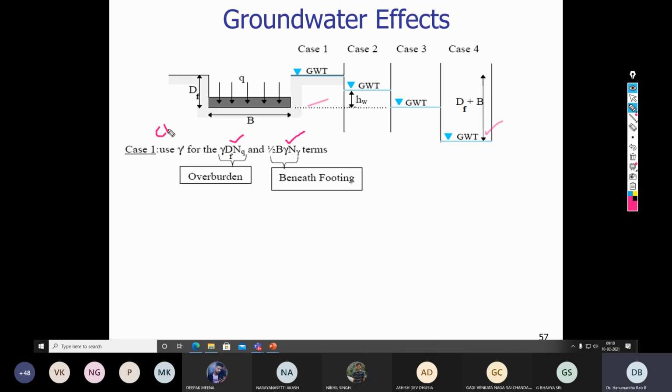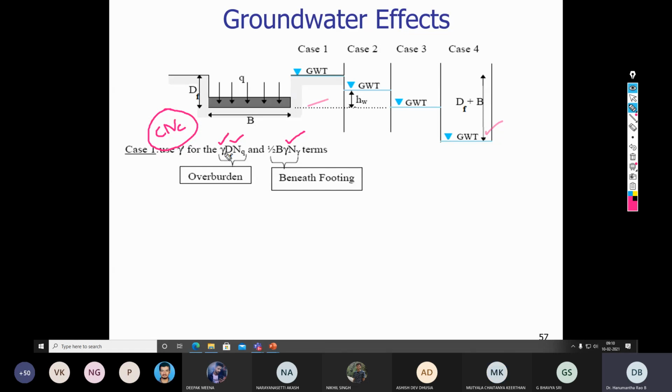The first term is c Nc, called the cohesion term, and there is no density term in it. But in the second and third terms, the overburden and the self weight components, there is a parameter called density gamma.